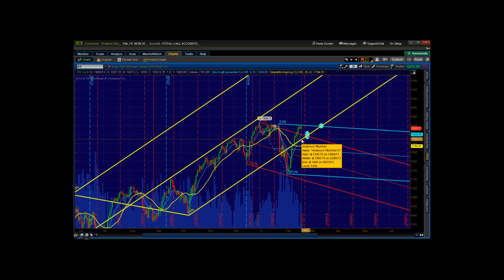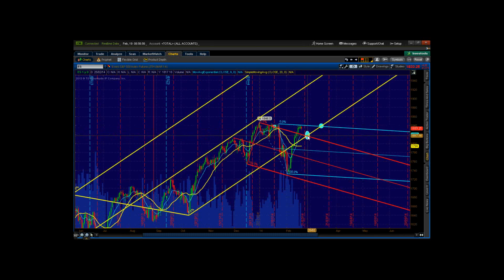We were coming up and tested the upper line of the downward sloping fork and broke above it. So we were looking for us to come up and test this upper line of the intermediate fork that I drew, and you can see we've been bouncing off of the upper line, and currently we're coming down.